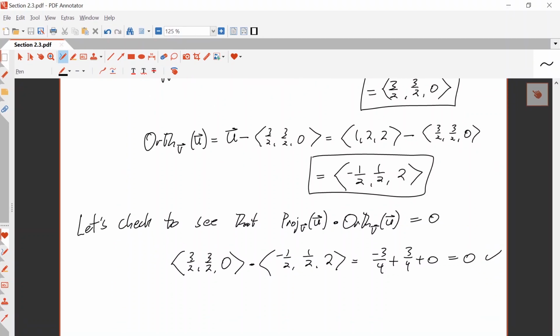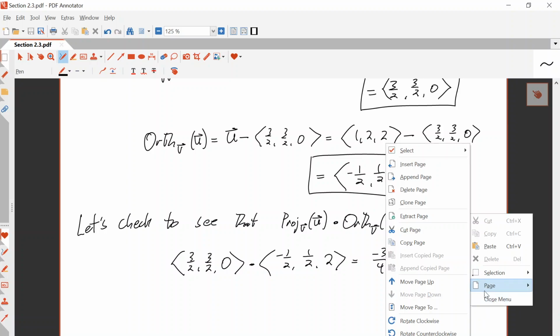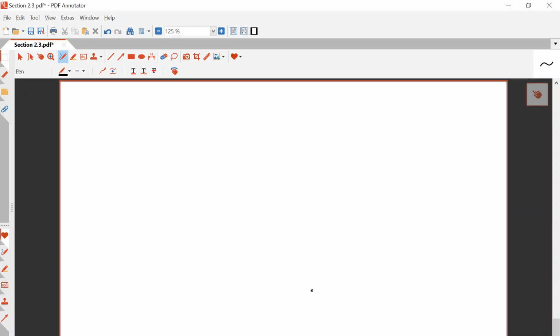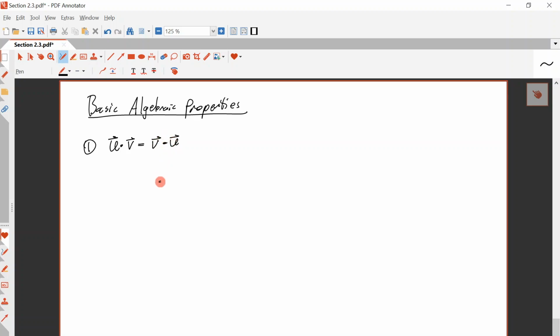One other thing that we should mention, just some basic algebraic properties of the dot product. One, u dot v is equal to v dot u, it's commutative, basically because multiplication of real numbers is commutative. Two, u dot u is just the length of u squared.